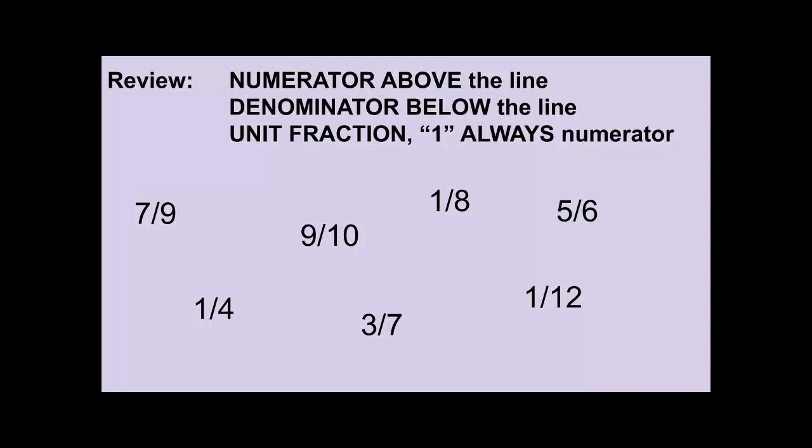If you said 3, well done. 1/4, 1/8, 1/12 would all be unit fractions. 7/9, 3/7, 9/10, and 5/6 would tell specific parts of a region. The numerators are the top number, and the denominators are the bottom number. They're below the line.